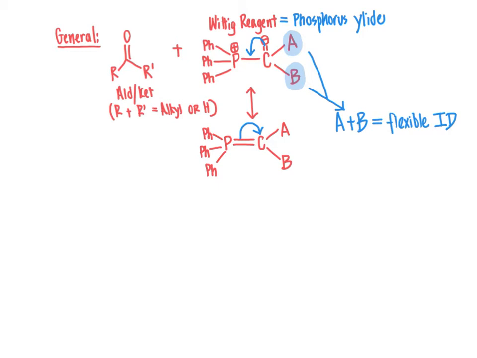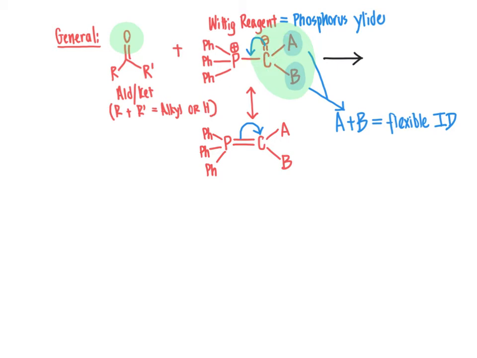So in this reaction, what's going to happen is that during the course of the reaction, the carbonyl group, the oxygen here specifically, is going to be replaced with the carbon and the A and B groups that it is directly bonded to.